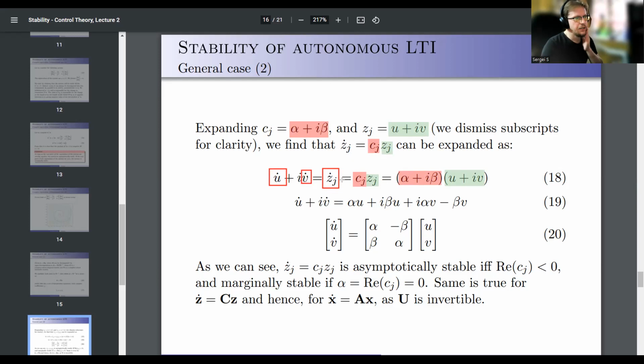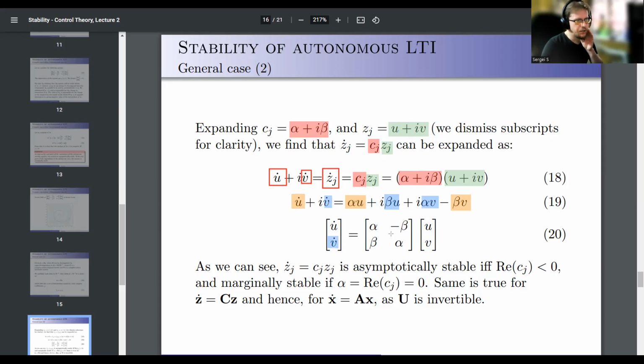Okay. So we've opened the brackets here, and we find all those elements. This is the real part, this guy. This is the imaginary part, this guy. Now we can put the imaginary parts here.